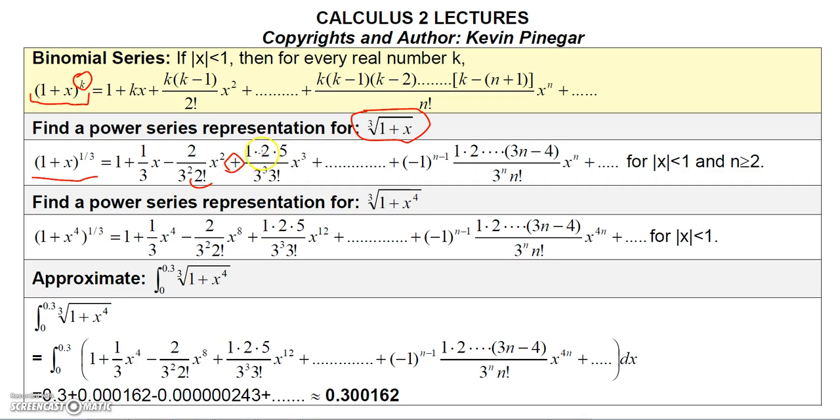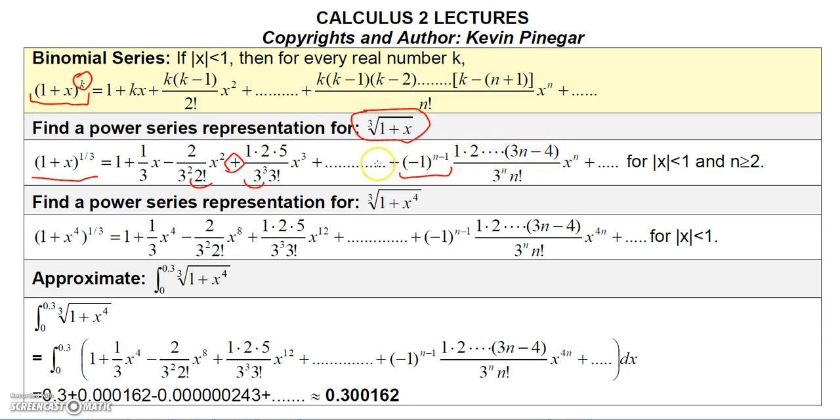So 1/3 times 2/3 times 5/3 is the same as 1 times 2 times 5 over 3 times 3 times 3, which is 3 cubed. And then, of course, you also divide by 3 factorial. Basically, we're getting an alternating series where the numerator is 1 times 2 times 5 and so forth up to 3n minus 4.